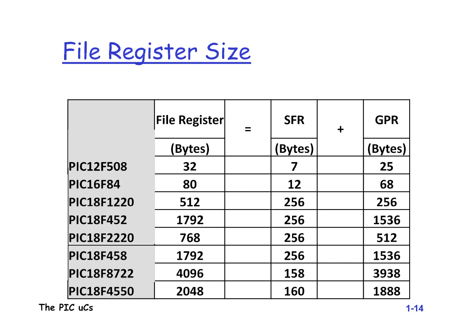And we can see that most of the PIC microcontrollers have 256 bytes of special function registers, and some of them have other amounts. But in contrast, the general purpose RAM is highly variable, and every microcontroller has a different size of general purpose RAM.